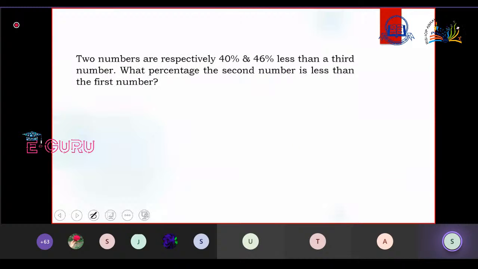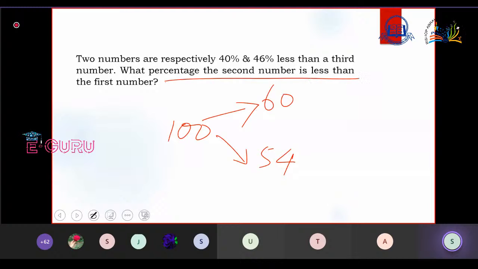Next question. Two numbers are respectively 40% and 46% less than a third number. So the third number again is 100. So the first number will be 40% less, that means 60. The second number is 46% less, that means 54. Now we need to find out what percentage the second number is less than the first number.